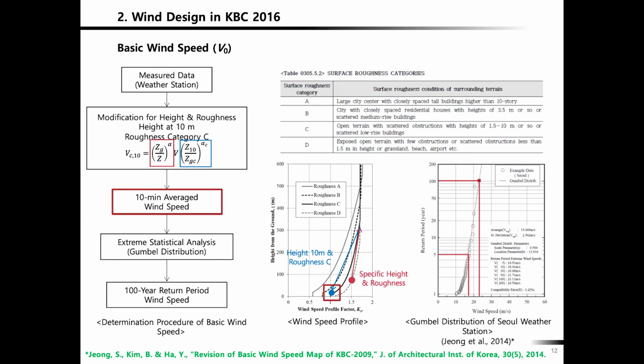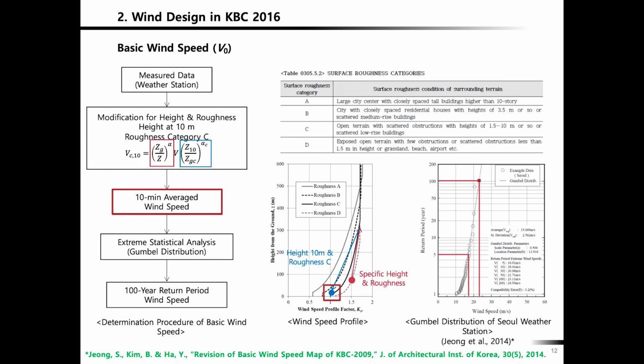The probable wind speed that you're going to see for the next 100 years, using the Gumbel distribution. That's how the basic wind speed map is formed. Okay? I don't know if I explained the basic wind speed map construction, but it's from the data, assuming that you have roughness category C and a height of 10 meters.